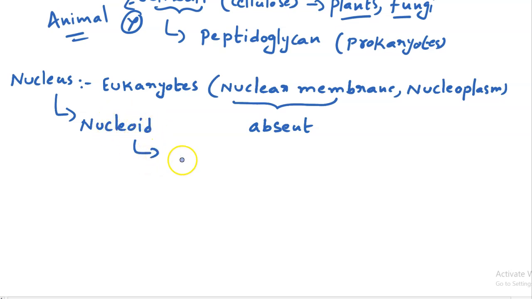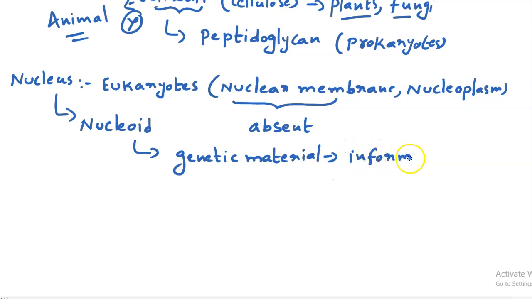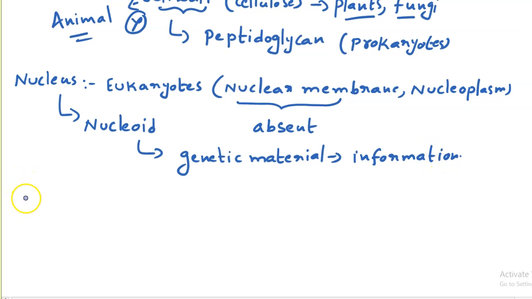And here the nucleus carries or stores the genetic material required for the survival of the living organism, because genetic material possesses information that is required for the survival of the living organism. Now let's move to the next component in the cell. We are considering this because here we have 4 questions in NEET exam from this unit.